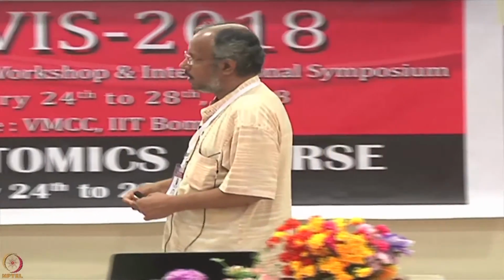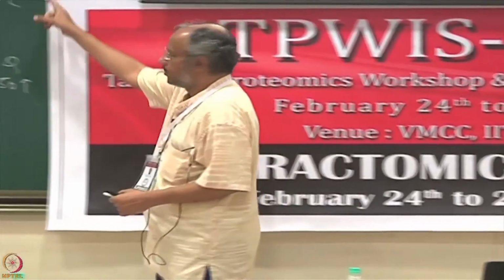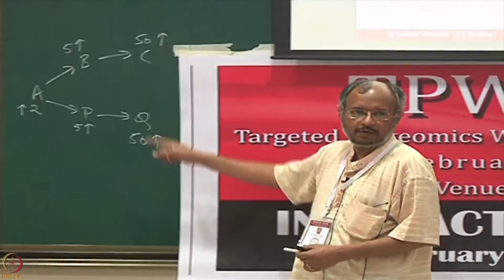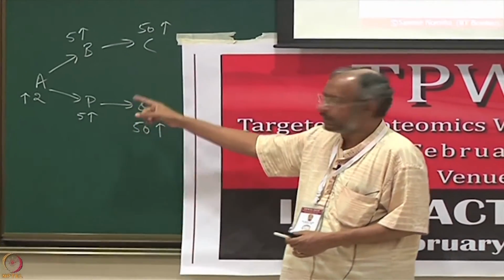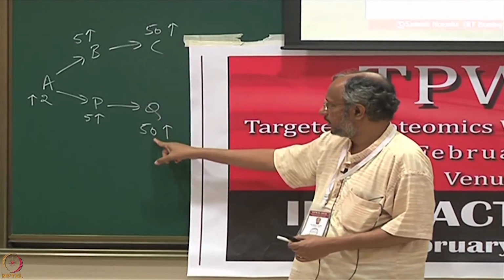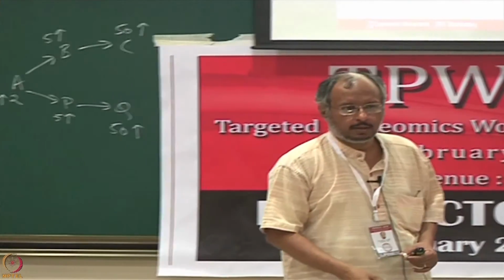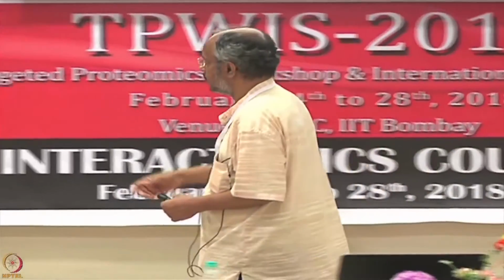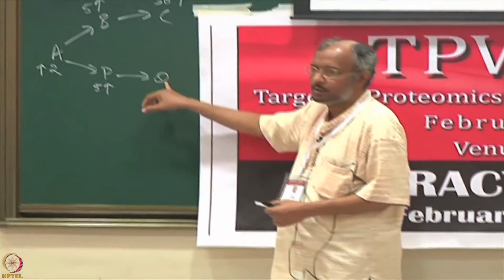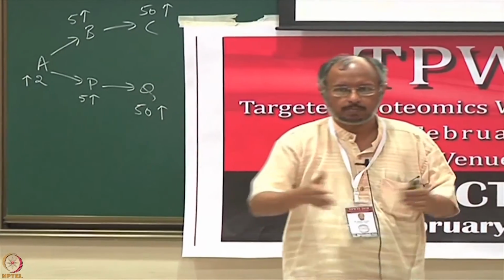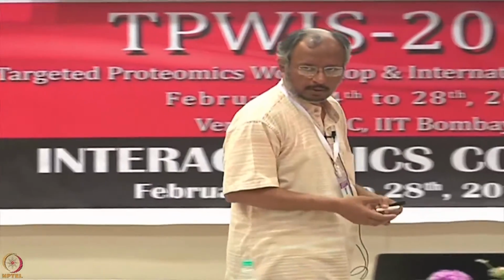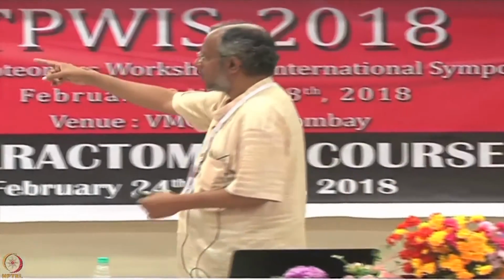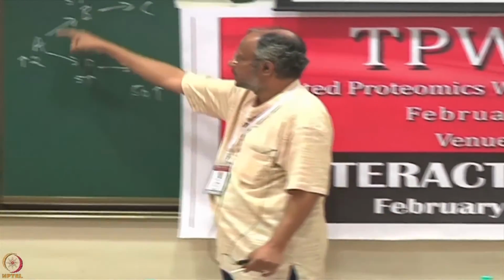Therefore, if you were to cluster them, if you didn't know better, if I didn't draw this pathway structure and you simply told me this went up 50-fold from a spreadsheet and this went up 50-fold from a spreadsheet, one temptation at this point is to assume that there is a relationship between C and Q, that C and Q are both part of, let's say, some operon, and that's why the whole operon's gone up 50-fold. When there is no connection between C and Q, but the connections are via this.